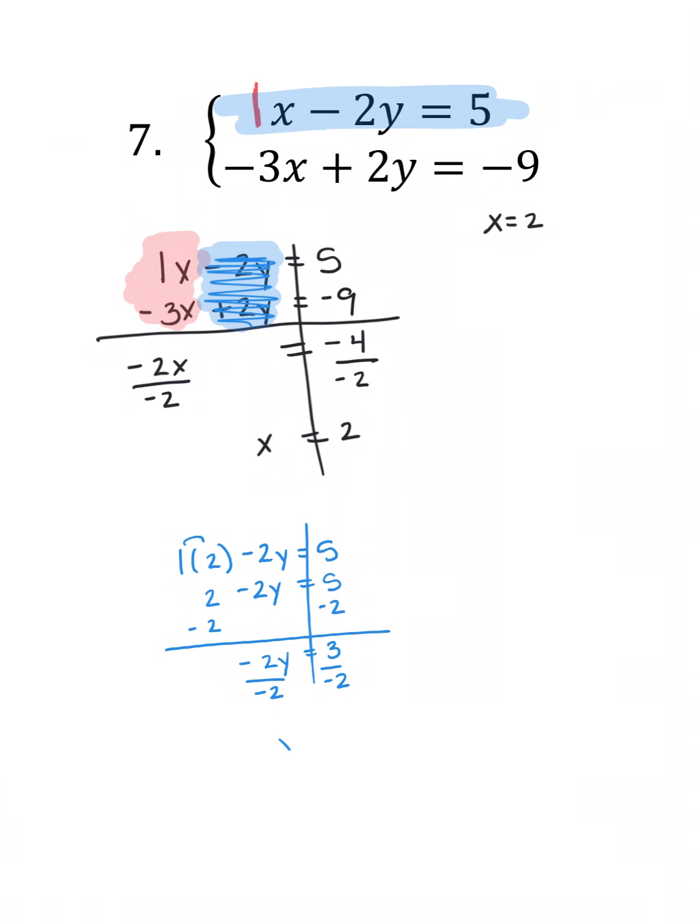I can just leave it as y equals 3 over negative 2, or I can actually divide those out and say y equals negative 1.5. So I'm just going to say y equals negative 1.5, and we'll accept either one of those. It doesn't matter if you have that fraction, 3 over negative 2, or if it's just y equals negative 1.5.